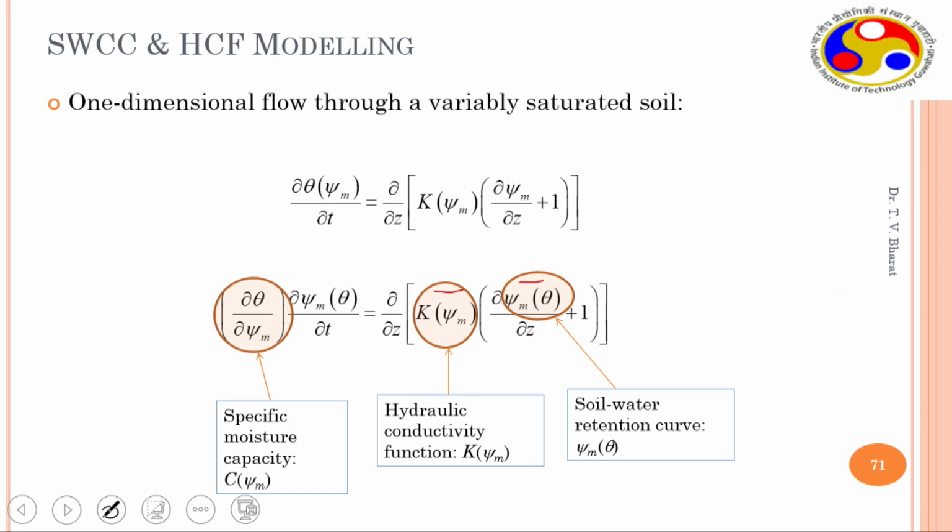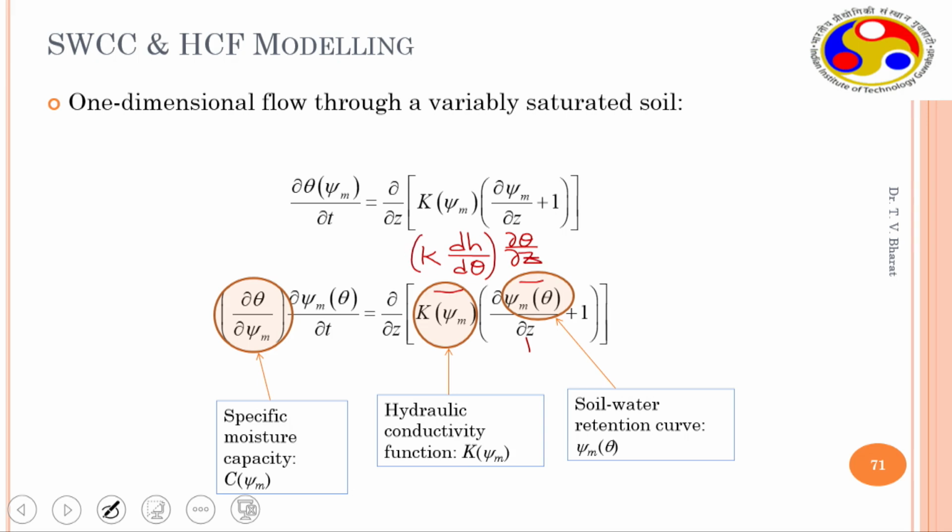Interestingly, if you bring theta and psi out, you will have the k times dh by d theta, times dou theta by dou z, if I write in terms of h.